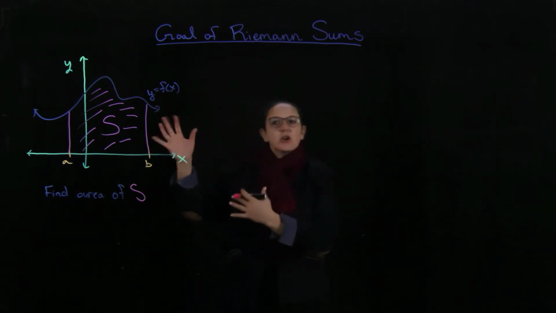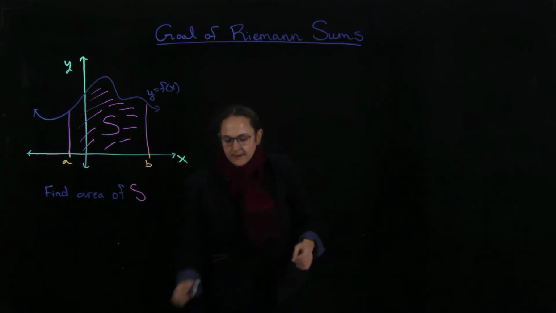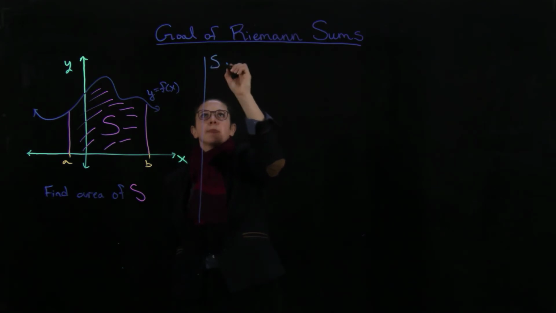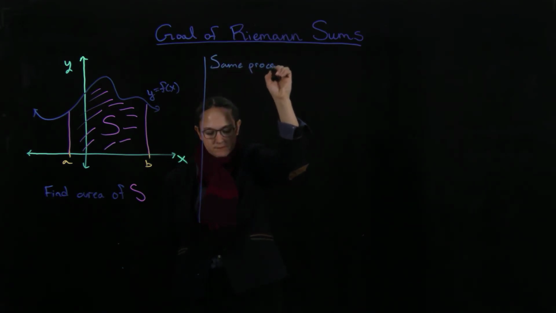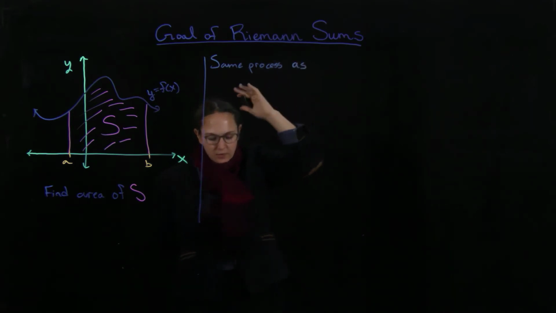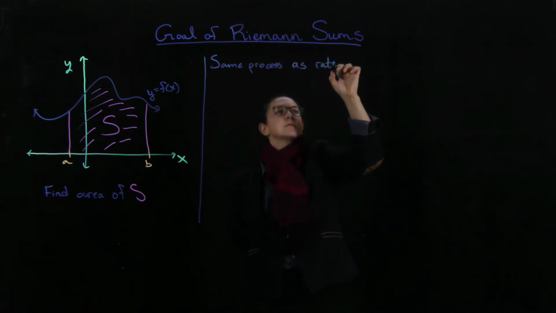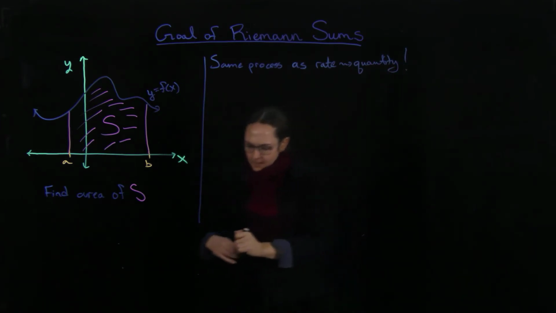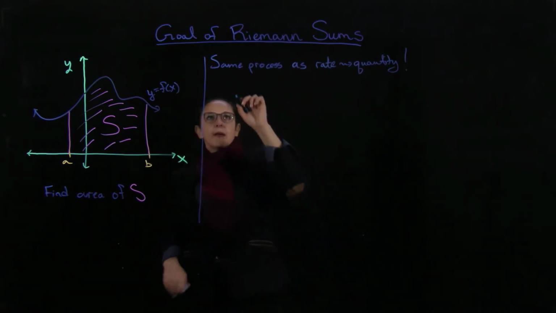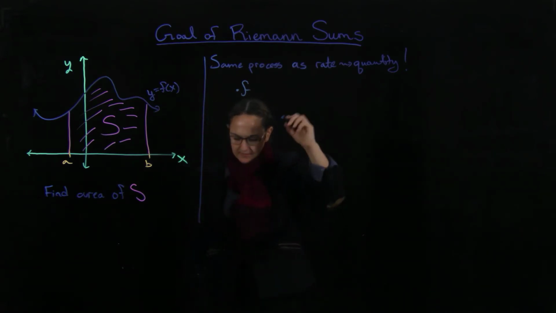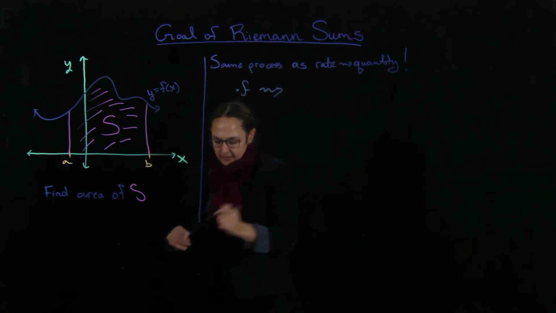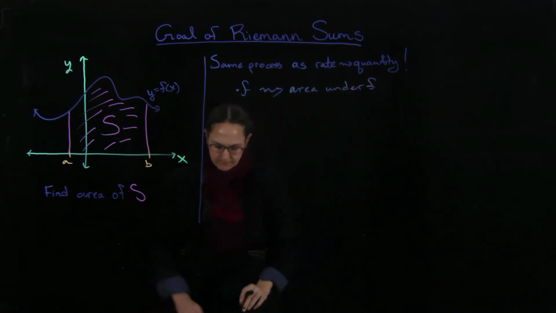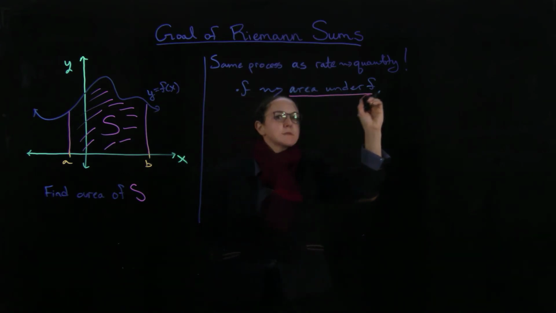And for us, often that's actually our rate of change. We're trying to transform back, and this is the same process as when I go from a rate to a quantity. So here we're starting out with a function f, which is blue over there, and then we go over to the area under f, which is the red thing.